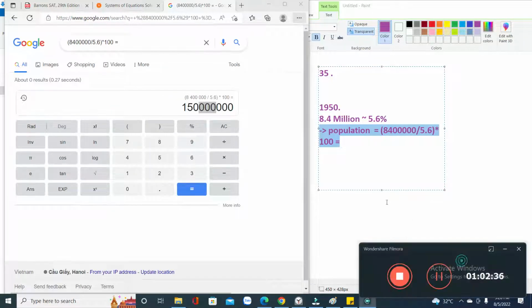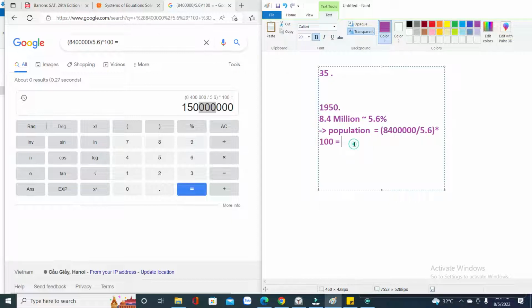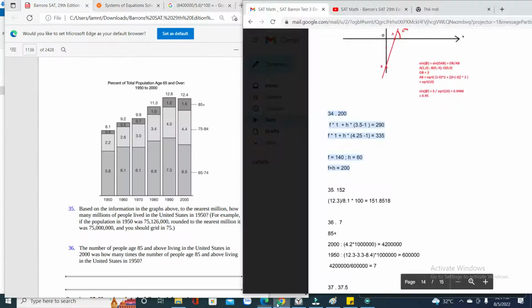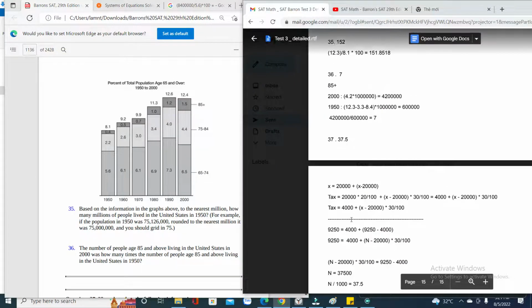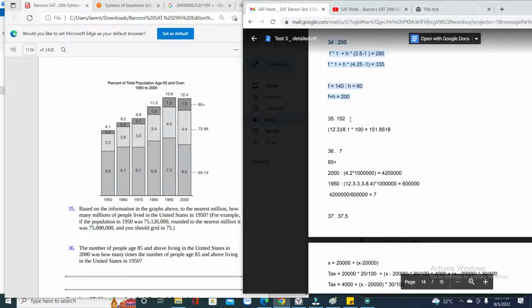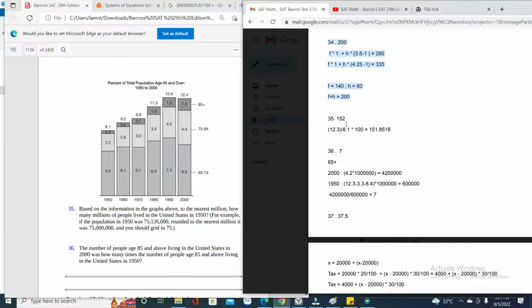So by calculation you get 150 million. So therefore you write in 150, because we only write in millions. But for 35 the actual answer is 152.